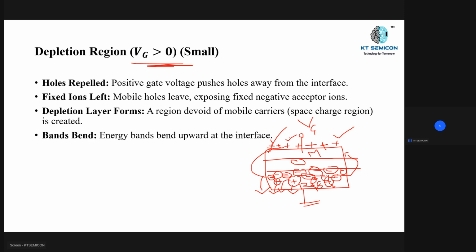Now we can see one depletion layer here, right? This depletion layer is fully filled with negative ions. So now my depletion region is formed at the surface.